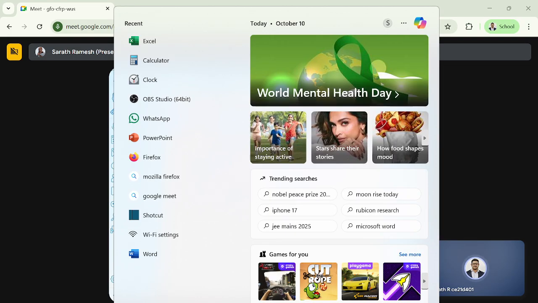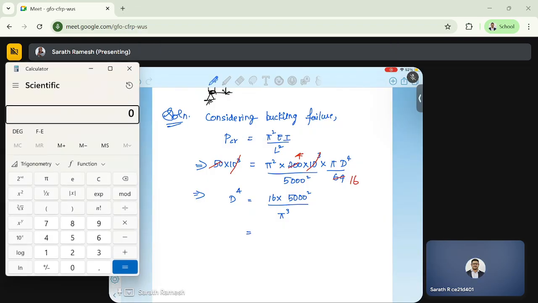Let's use a calculator. 16 times 5000 square by 5.